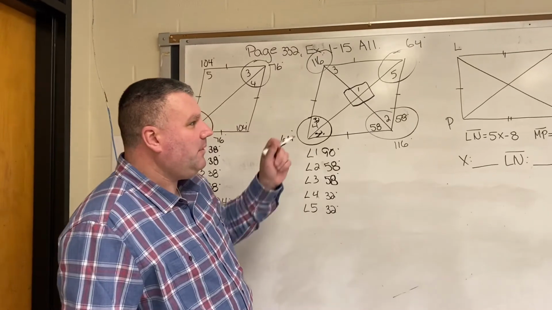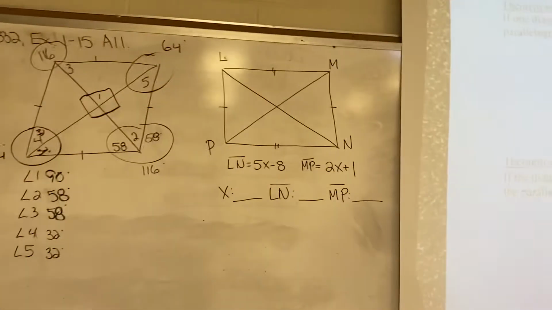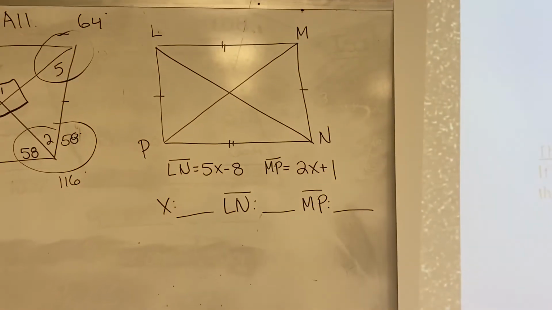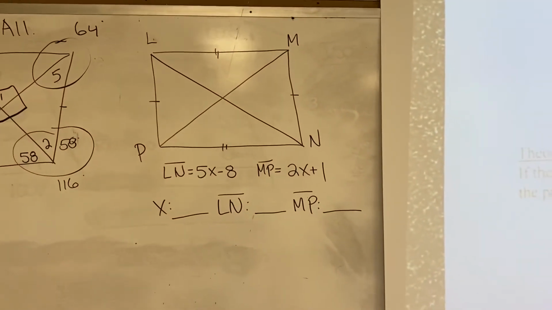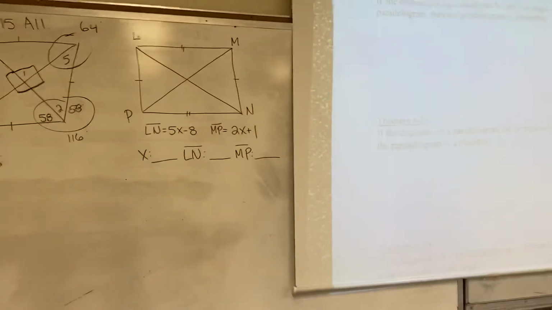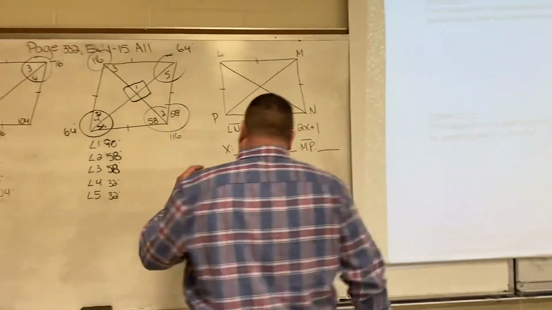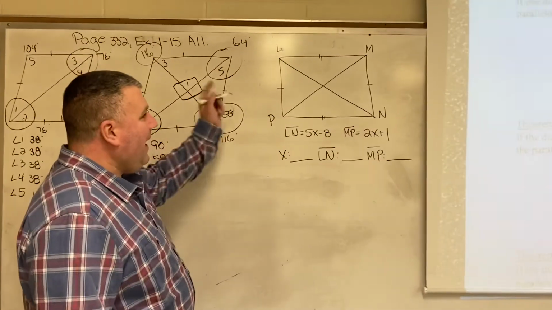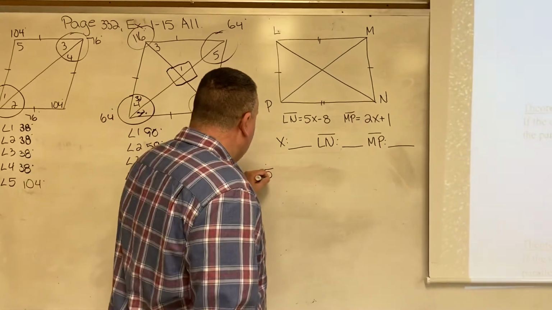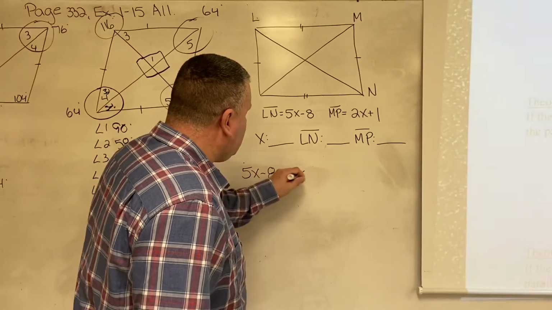Okay? The last one I want to show you is a rectangle, and this states in one of the theorems that we learned, 6.11, that the diagonals of a rectangle are congruent. So, we're going to set these two equal to each other. LN, so 5x minus 8 is equal to 2x plus 1.